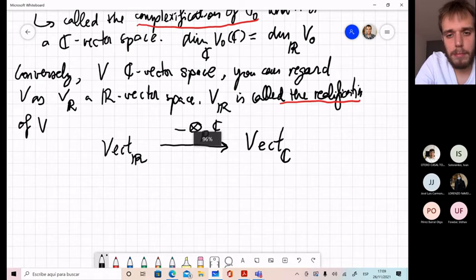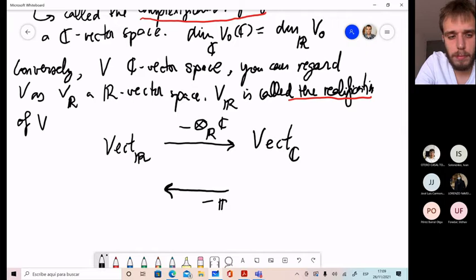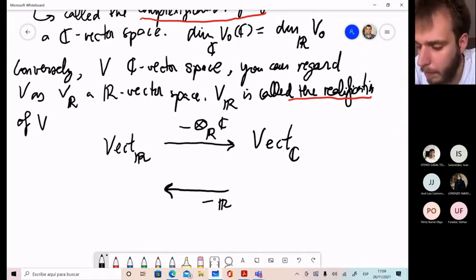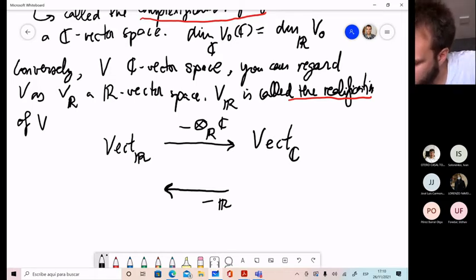And you have an inverse operation to this process, which is the realification. Indeed, this is an example of a pair of adjoint functors for those who know about category theory. But I am not going to give details about that.